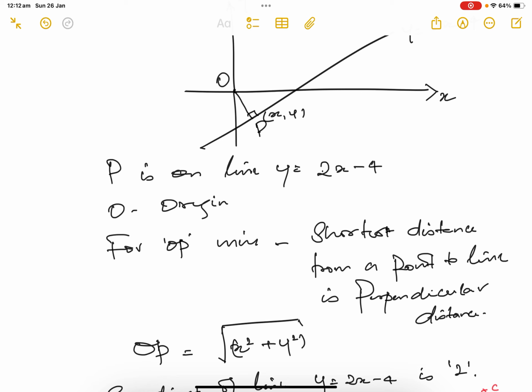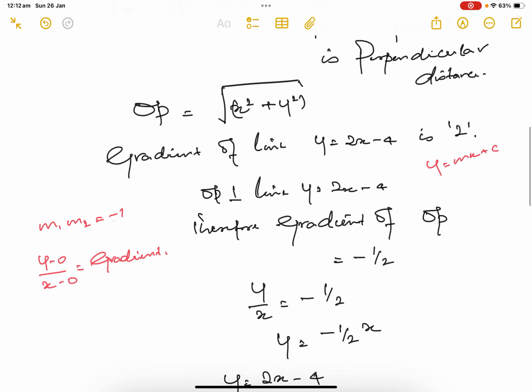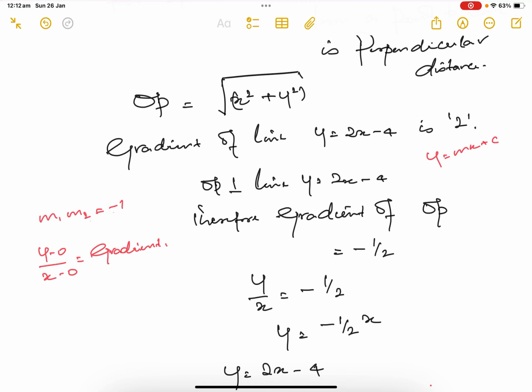For OP to be minimum, the shortest distance from the point to the line is the perpendicular distance. We can write OP equals the square root of x squared plus y squared, because it is the distance from the origin to the point P with coordinates x, y, which we will use later in the second part.